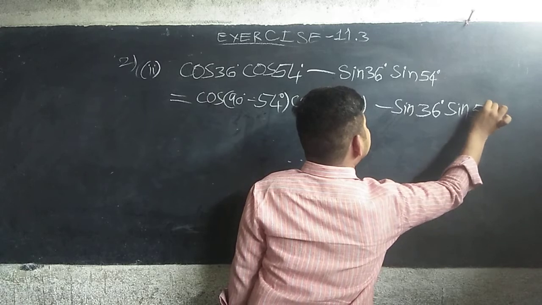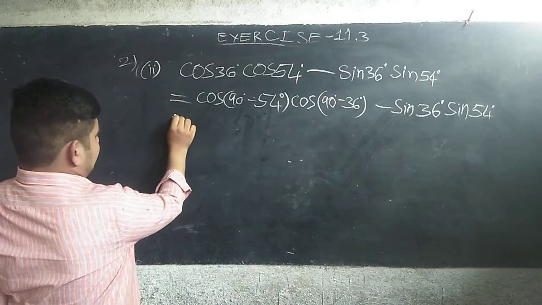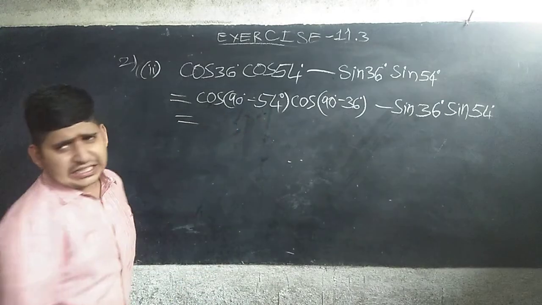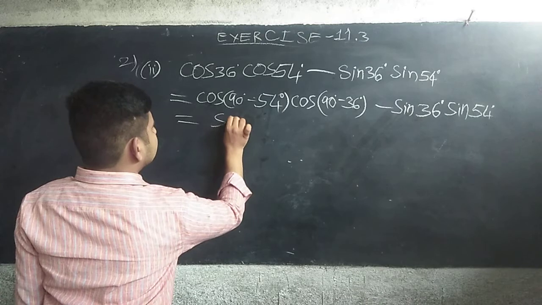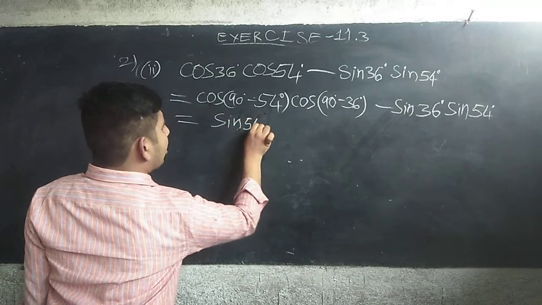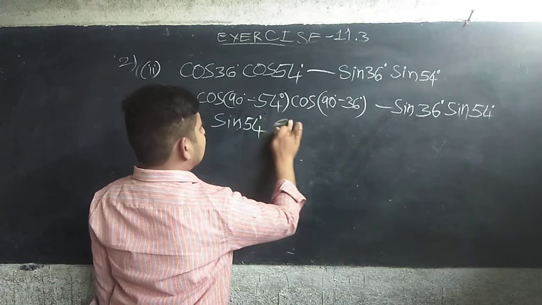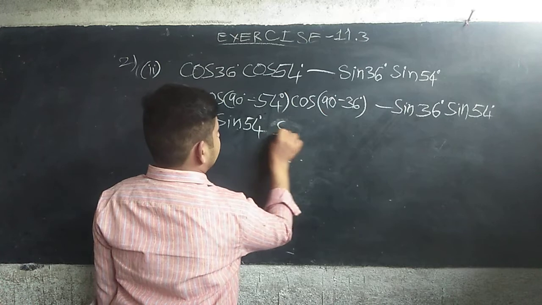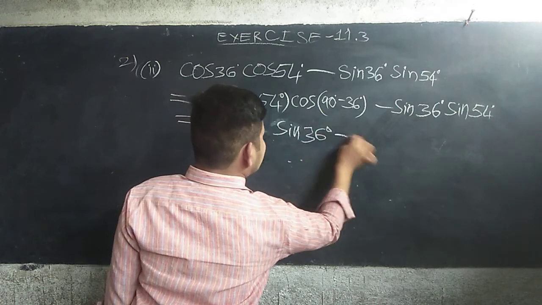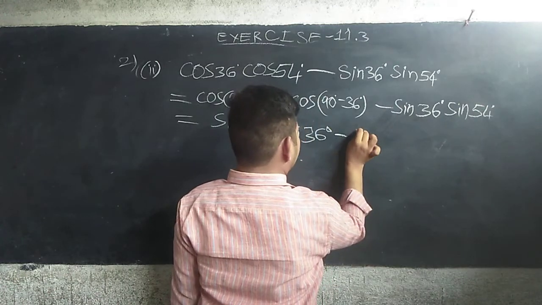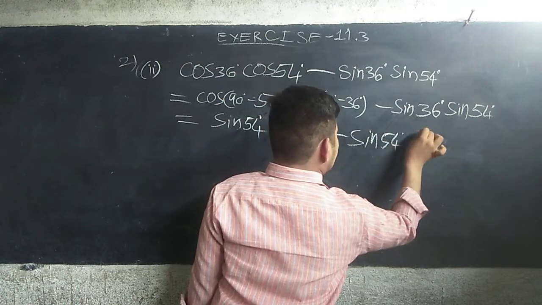Now cos 90 minus theta is sin theta. So sin 54 degrees into sin 36 degrees, minus sin 54 degrees into sin 36 degrees.